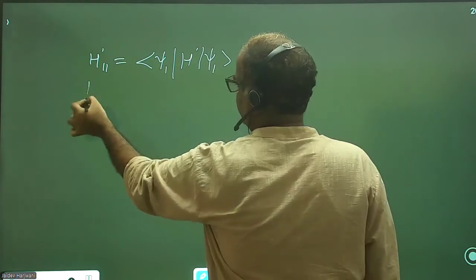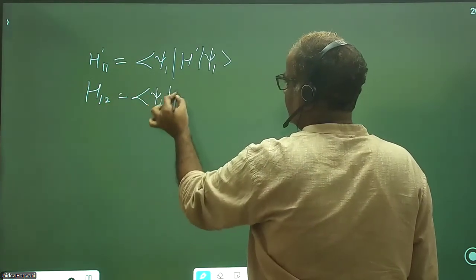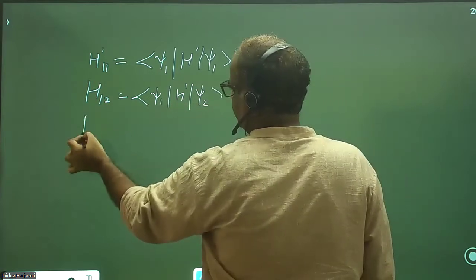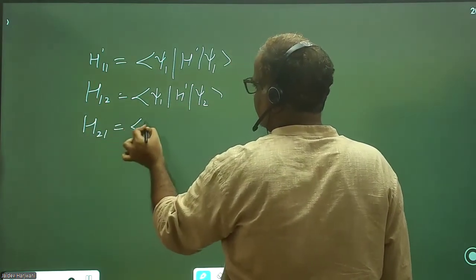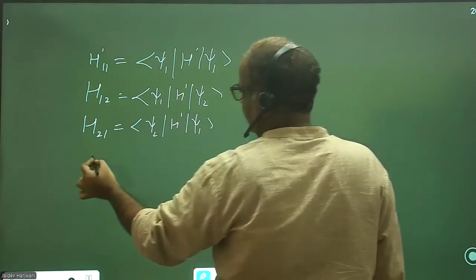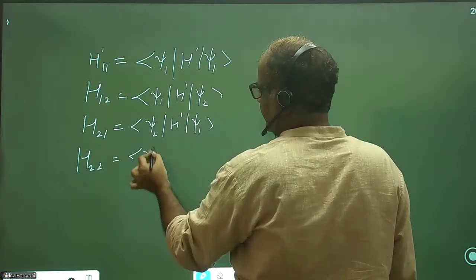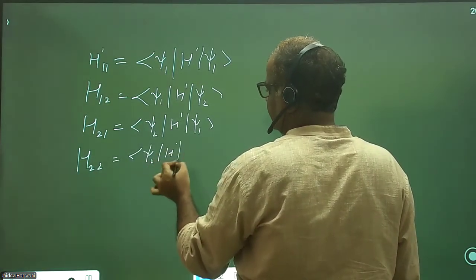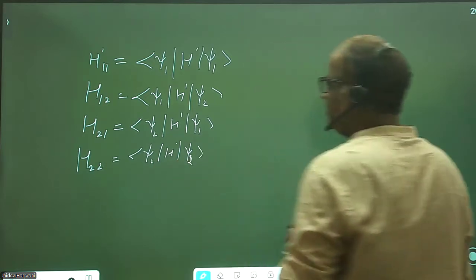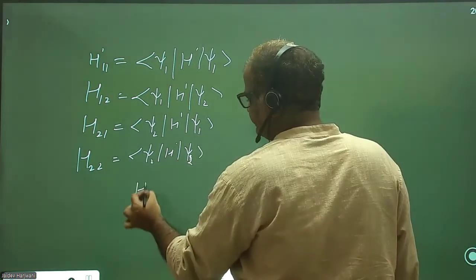Similarly, I want H12, that is psi1, H dash, psi2, and H21, that is psi2, H dash, psi1, and H22, which is psi2, H dash, psi2. So let us first calculate H dash 11.